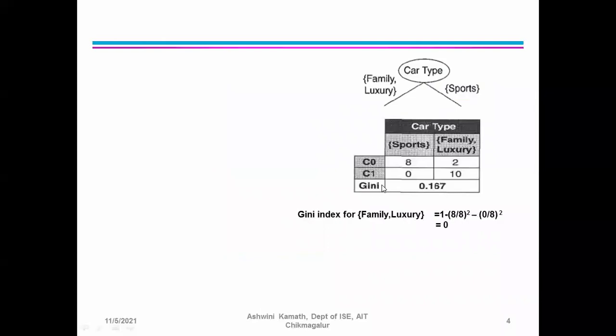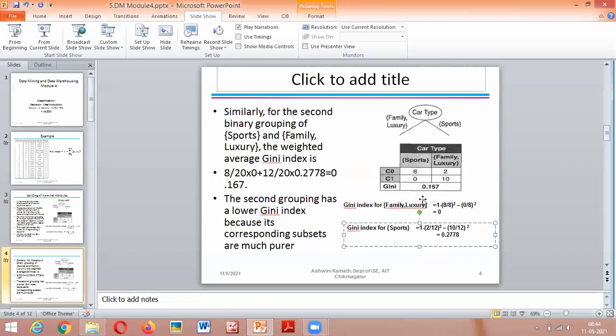So the Gini index for sports is equal to 1 minus 8 divided by 8 whole square minus 0 divided by 8 whole square, which is equal to 0. 1 minus 1 is equal to 0. Sorry, this is for sports.